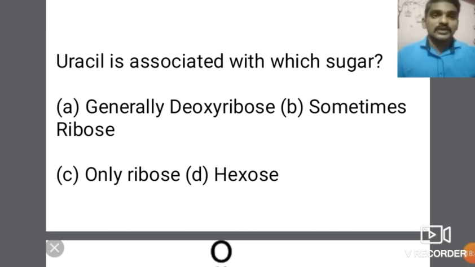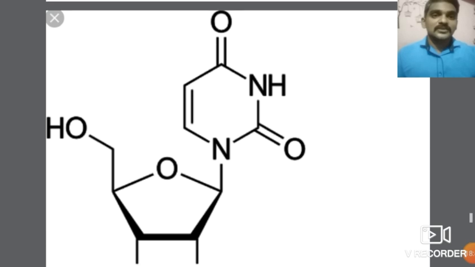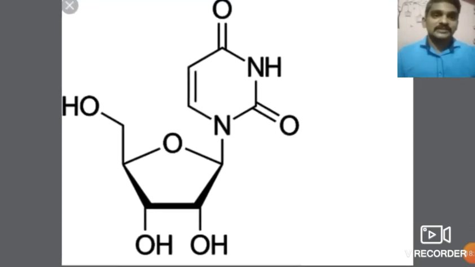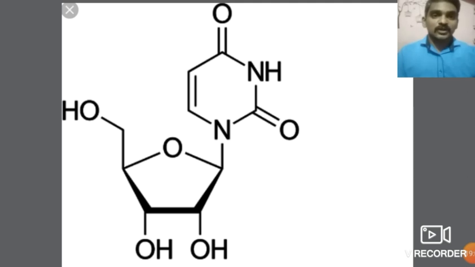So only in ribose sugar you can find this attachment of uracil. You can see here the uracil ring attached to the ribose sugar. In the second position you can see the OH group, that is ribose sugar, so that is linked with the uracil. So uracil will always be associated with the ribose sugar.